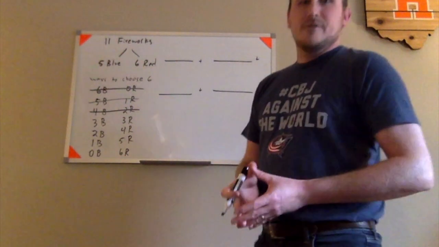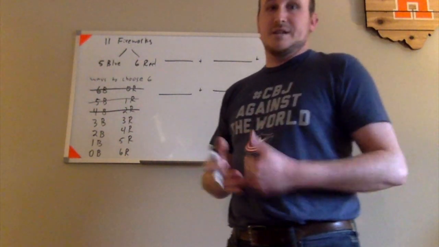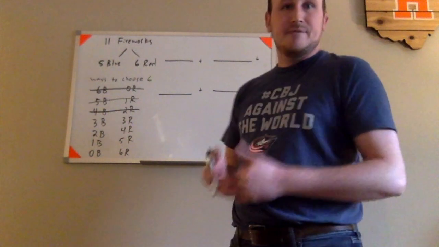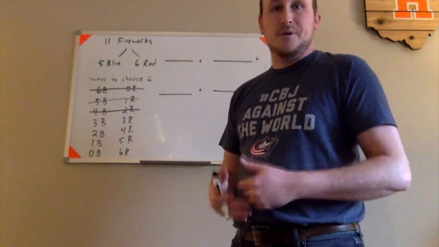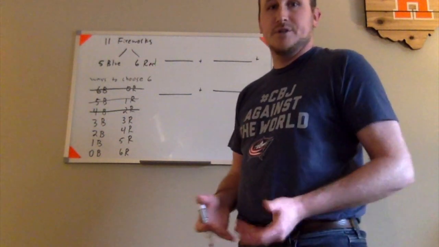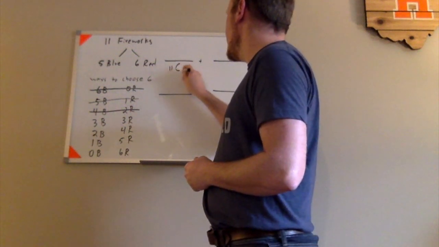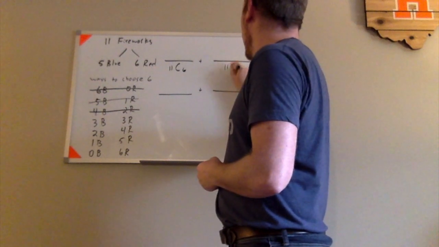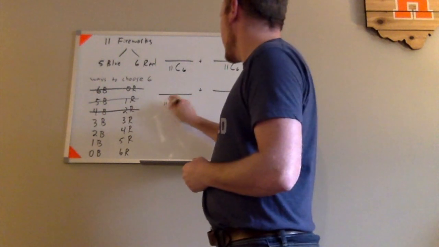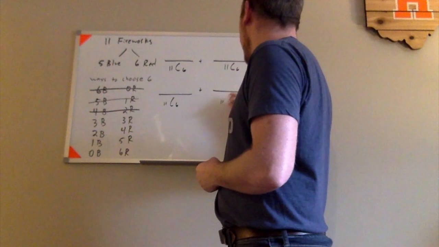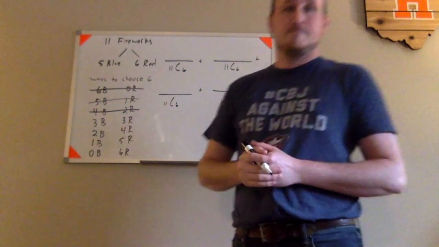And the denominator of all 4 of these fractions is going to be exactly the same. We have 11 fireworks altogether, and we are going to choose 6 of them to launch in this problem. So the denominator of all of these will be 11 choose 6. And that's the total number of ways of doing that, 11 choose 6 for each one of these.